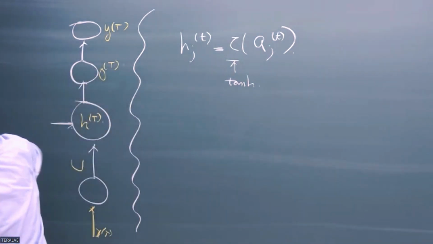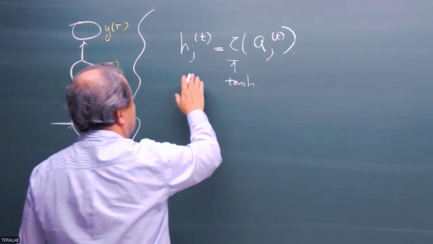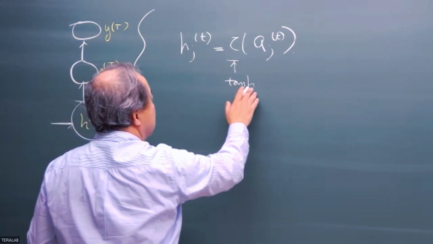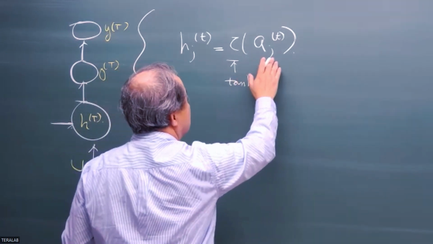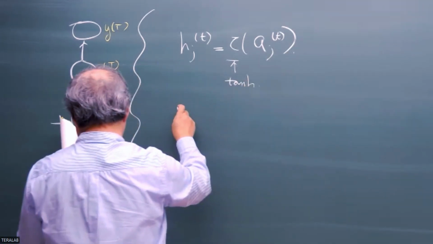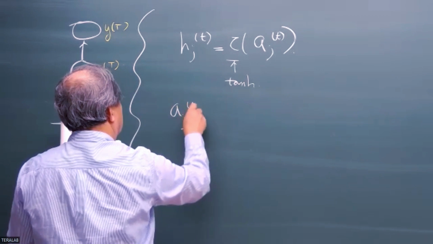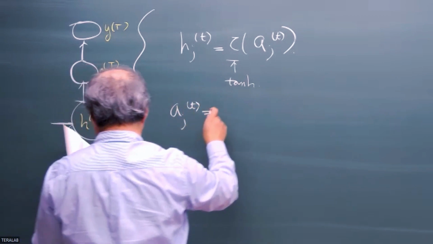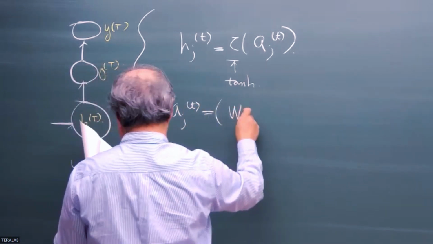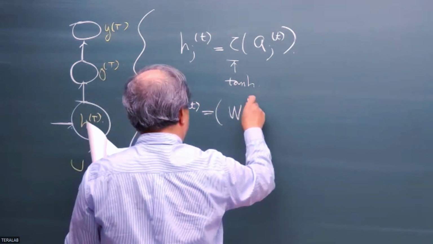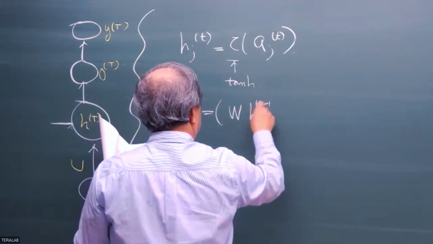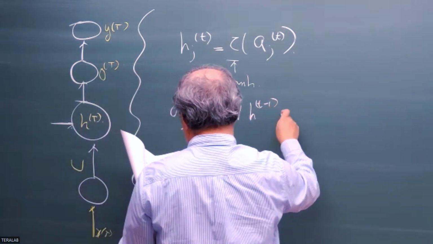The hidden layer vector will be obtained by the tangent hyperbolic of the intermediate state vector Aj. Aj at time step t can be obtained by multiplication of the W matrix with the previous hidden state.